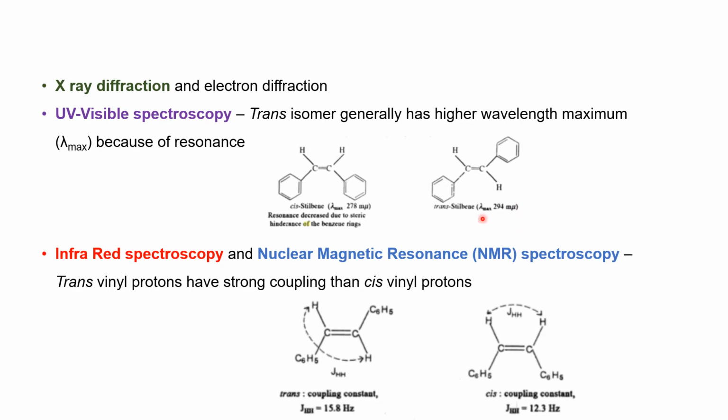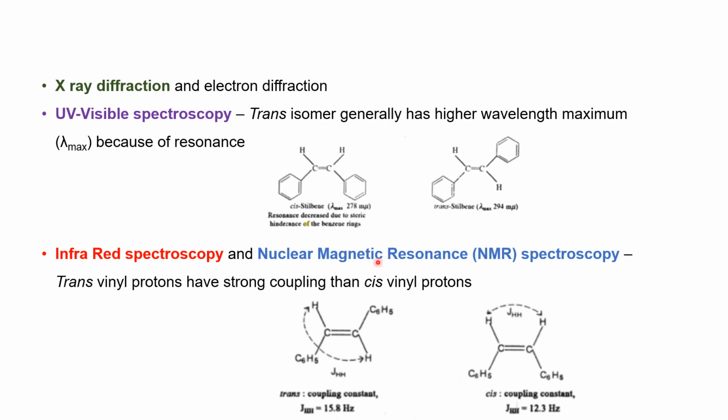Like here in case of trans stilbene, we have it 294 nanometer. Cis stilbene has it only 278. Like I said, this is comparative picture that trans isomer has higher lambda max than cis. We also have another techniques like infrared spectroscopy and even nuclear magnetic resonance, that is NMR, which can distinguish it.